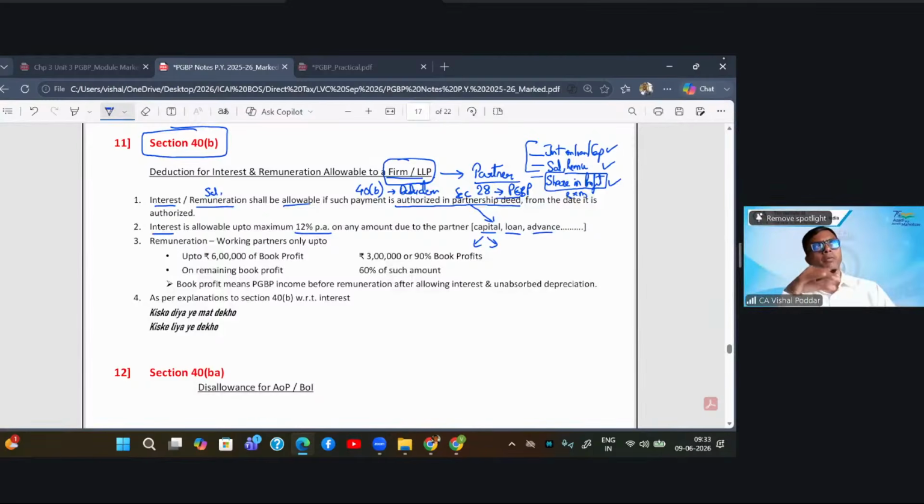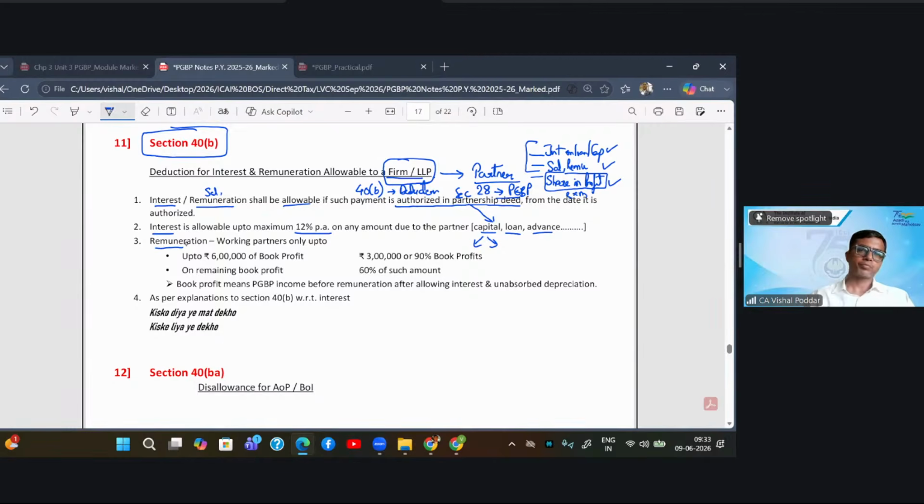So if your partnership deed says only interest on capital, and you are paying interest on loan, the entire interest on loan is disallowed. If your partnership deed is saying interest on only fixed capital, then interest on circulating or working capital is disallowed. So the partnership deed should specify condition 1, condition 2. For interest, we will allow you up to a maximum of 12%, which means either your partnership deed rate or 12%, whichever is lower.